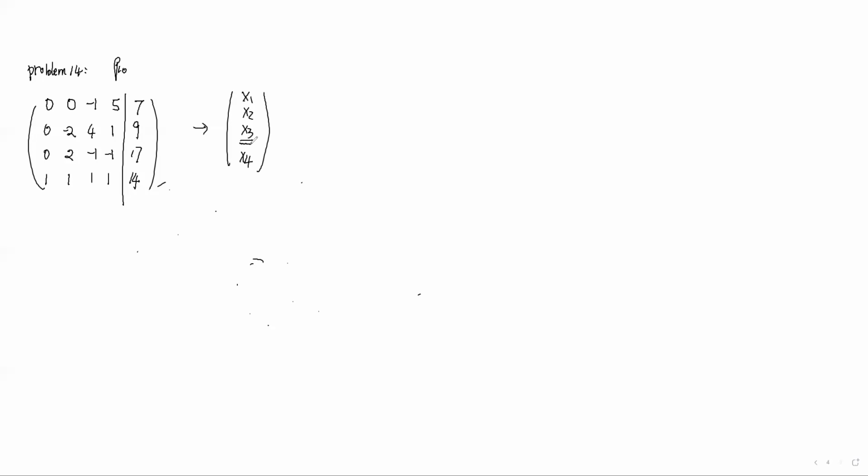If a problem asks you to write the solution by Cramer's rule, it means that when the author gave the problem, he already knew the determinant of this part is non-zero. Otherwise, this problem is wrong.